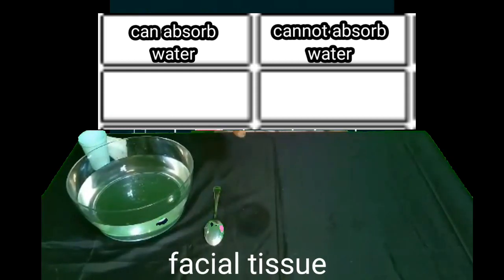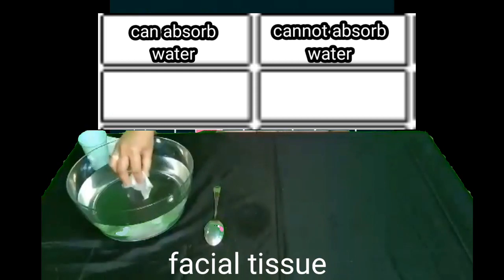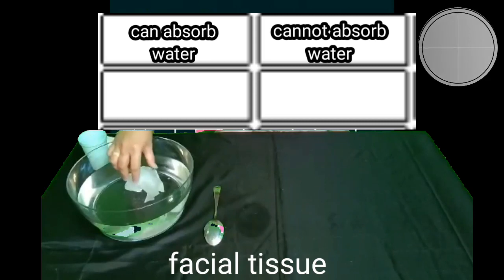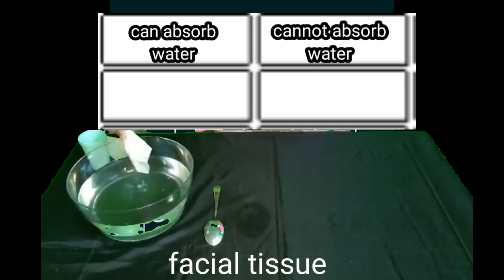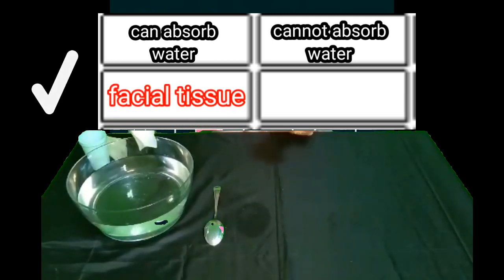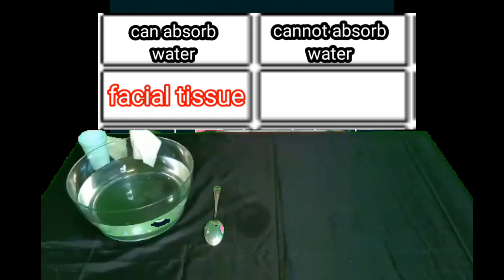A facial tissue. If you have written facial tissue under the column can absorb water, you are correct. A facial tissue has tiny pores. It is a porous material and it absorbs water. Therefore, it has a special property called porosity.